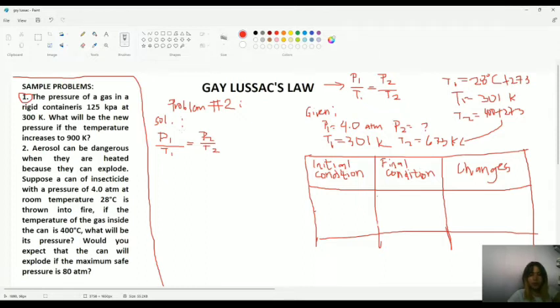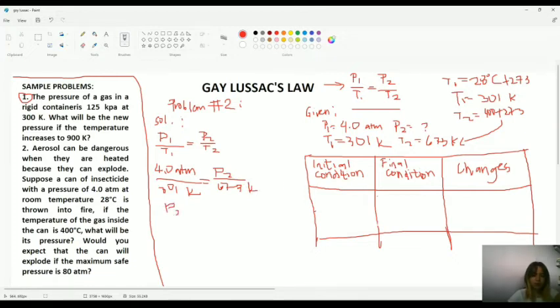So, ayan. I-solve na natin gamit yung formula na ito of Gay-Lussac's law. So, initial pressure is 4.0 over 301 Kelvin initial temperature equals hindi pa na-identify yung final pressure. So, solve pa lang natin. And meron tayong nakuha na 673 Kelvin sa final temperature.